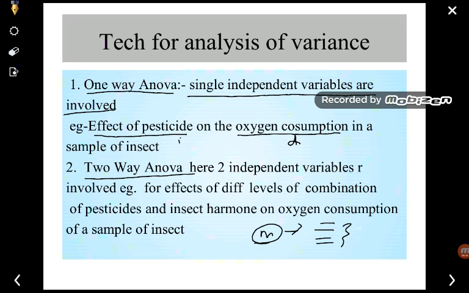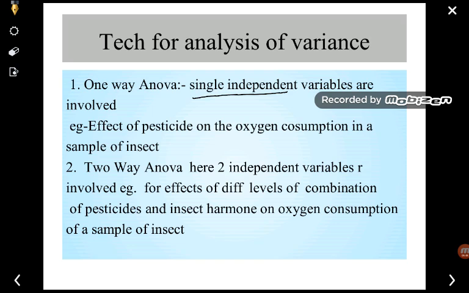But in case of two-way ANOVA, two independent variables are involved. That's why it is said to be one-way ANOVA or the two-way ANOVA. Always keep in mind that one-way means one independent variable and two-way means two independent variables.